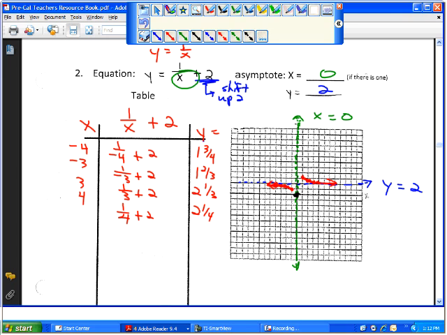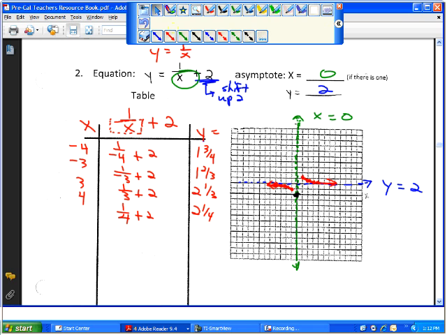Well, how are we going to get those? We've done more negatives and more positives. Well, rational kind of throws things upside down. It kind of reciprocates, doesn't it? So what are we going to have to plug in to get some stuff closer to the green? Fractions. So that they'll reciprocate and get big.